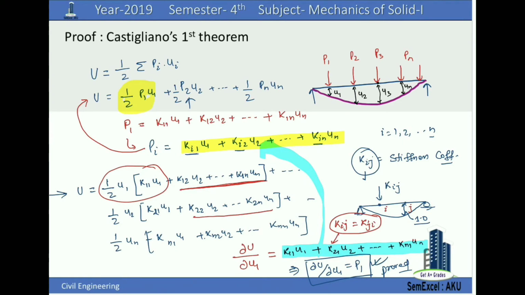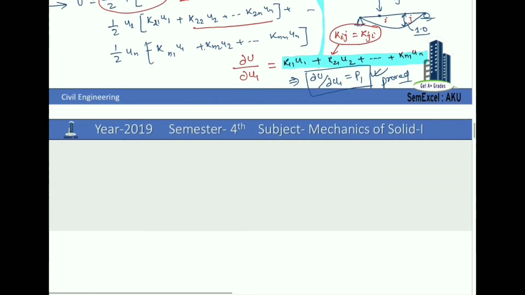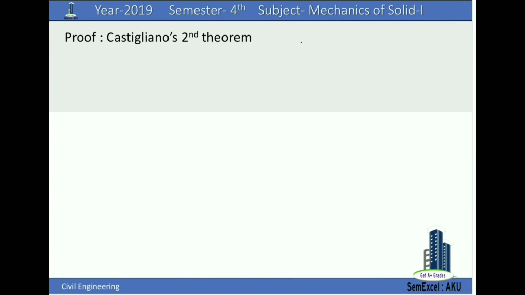Now we will see Castigliano's second theorem proof. We already know U is equal to half of P1 U1 plus half of P2 U2 plus half of Pn Un. In first case we have replaced the value of P1, but now we will replace value of U1.